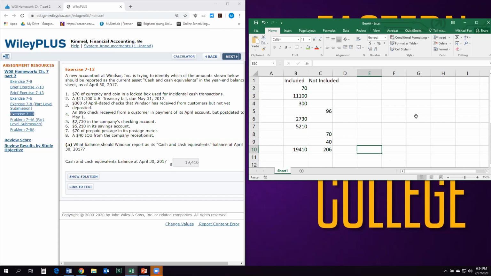Anyway, there's not necessarily a consistent pattern, but like I said, when we have time, I would be glad to go over the ones that you missed, the concepts you missed.